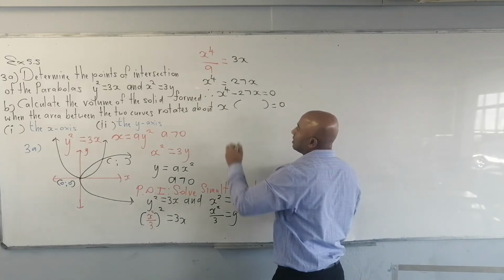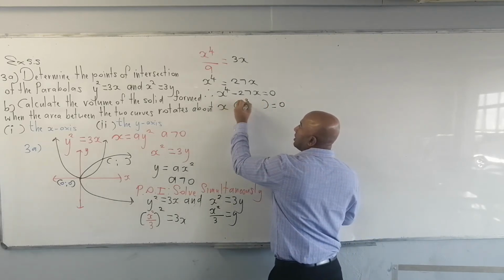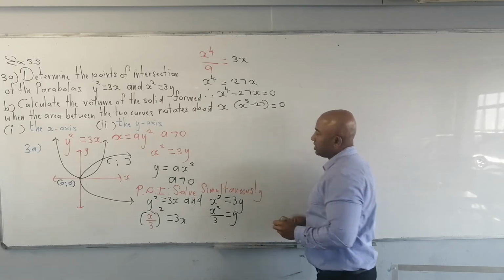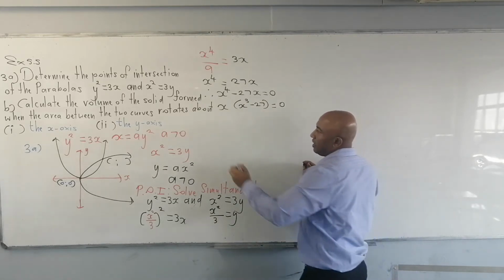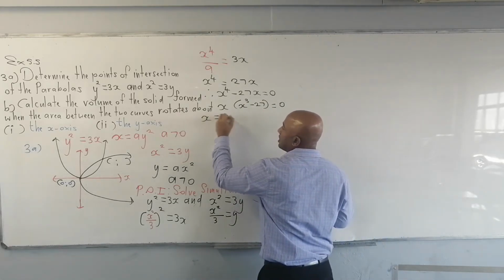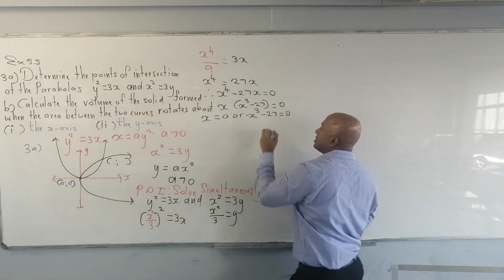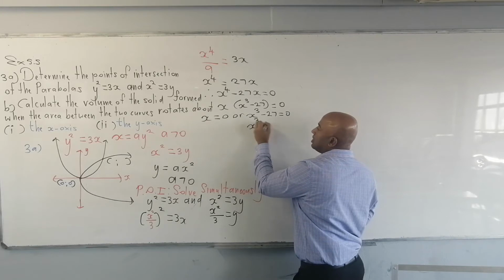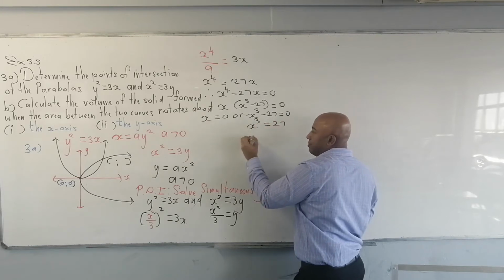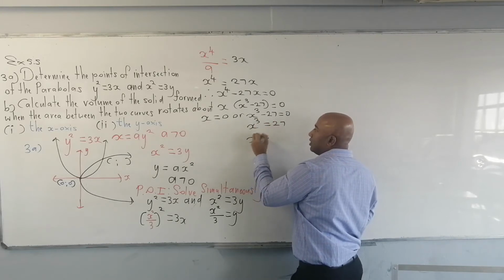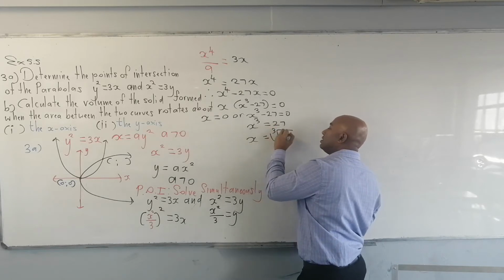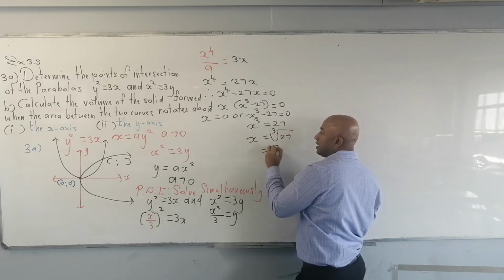What am I left with? I'm left with x to the power 3 minus 27. So now, x is equal to 0, or x cubed minus 27 is equal to 0. So x cubed is equal to 27. That means x is equal to the cube root of 27, which is 3.